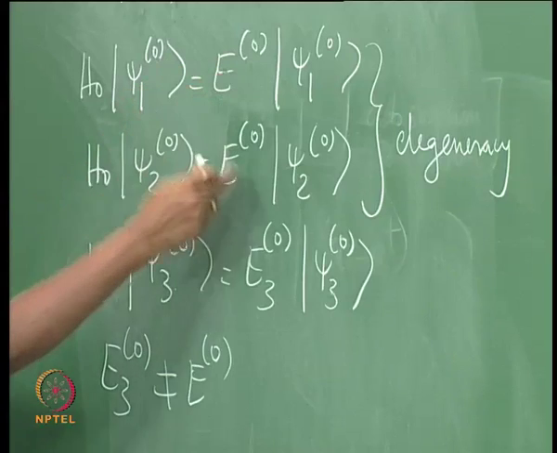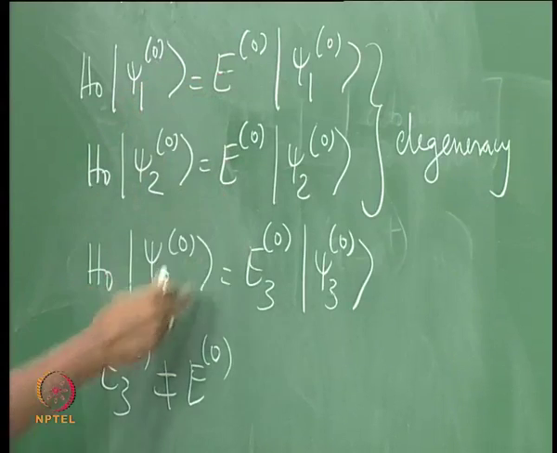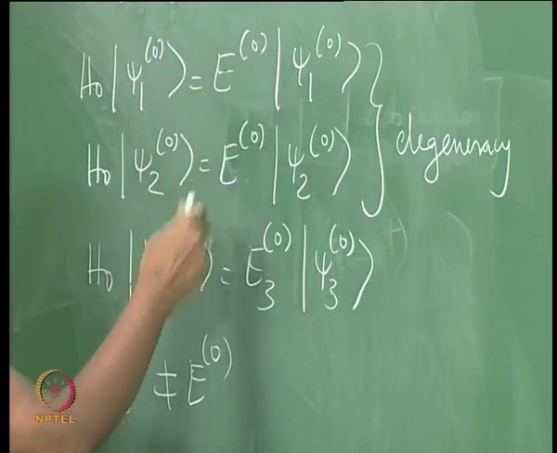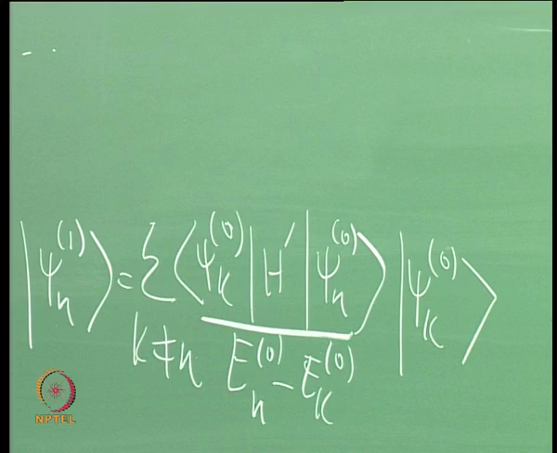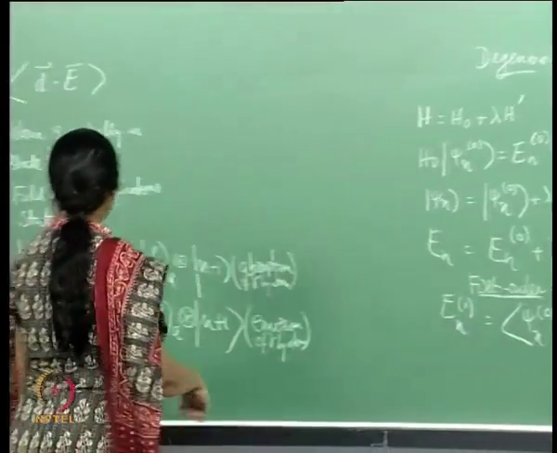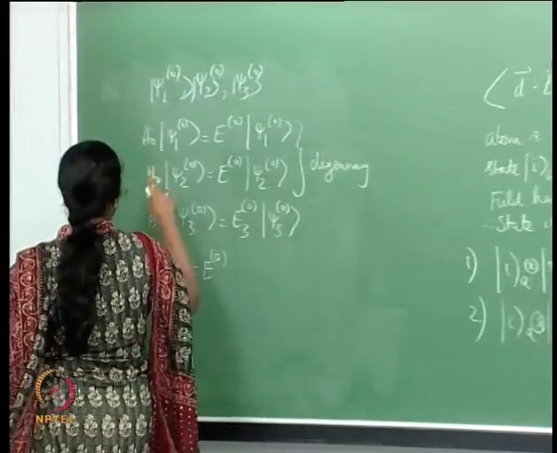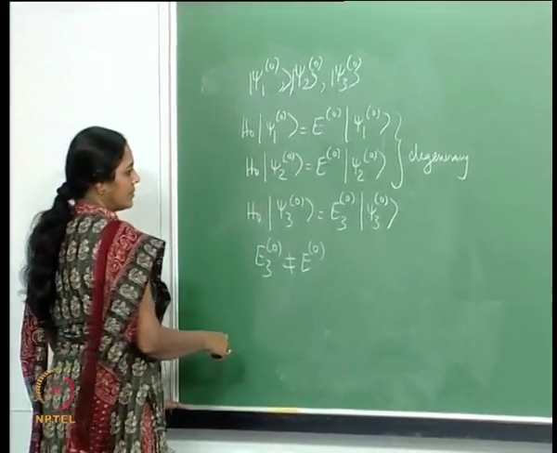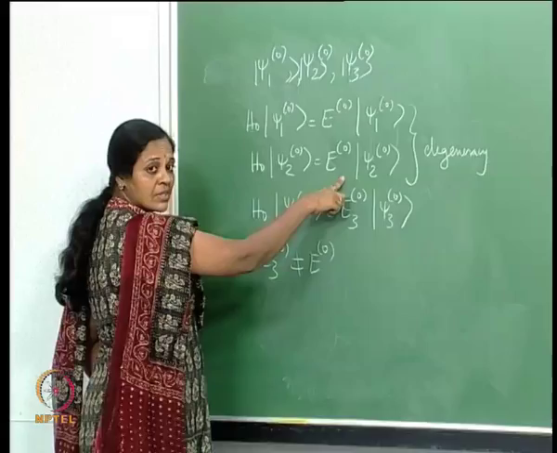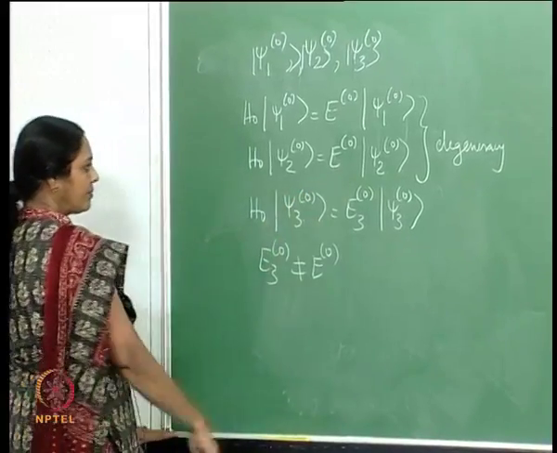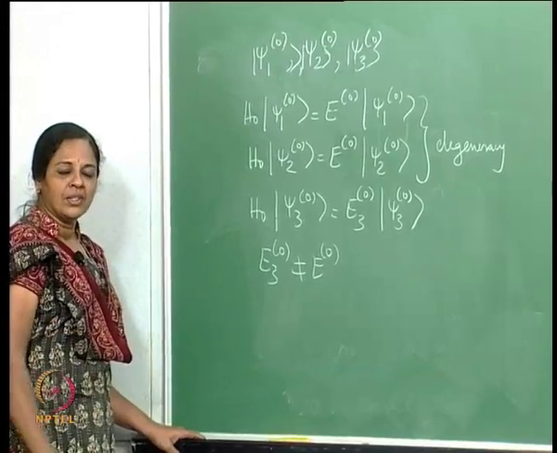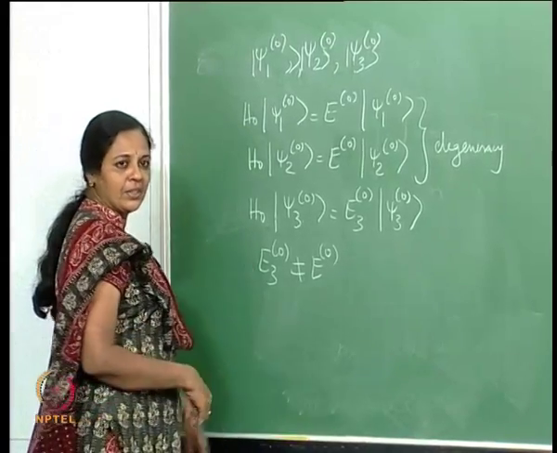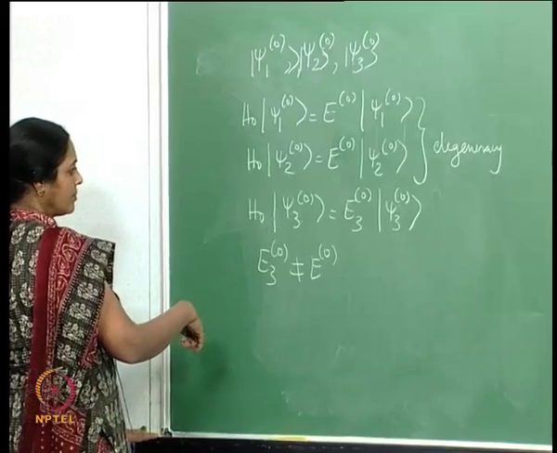The trouble comes from here because in the denominator, in the first order contribution, E 1 0 minus E 2 0 is 0. The way to handle this is by working in this space of degenerate states. Here I have twofold degeneracy, and whatever I say is extendable to G-fold degeneracy, G being as large as you wish.